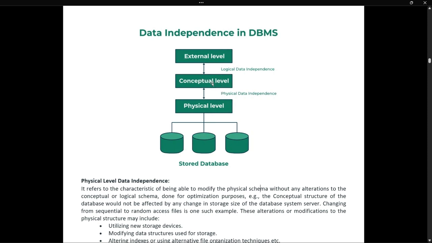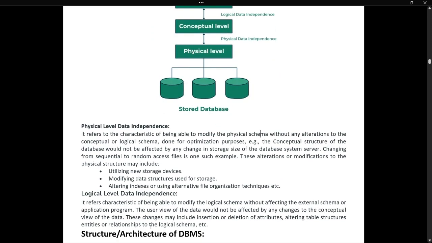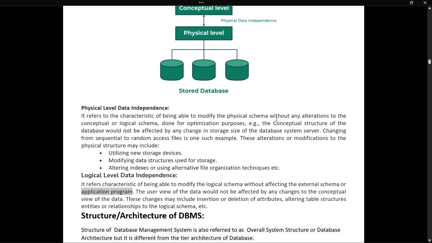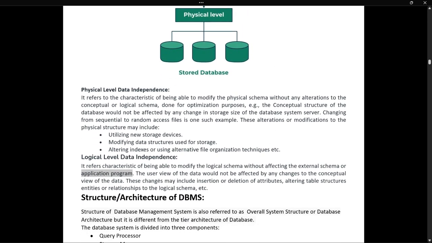Changes in the conceptual level should not affect the external level or application program, or the data. So we are going to keep track of data. The user view of the data could not be affected by any changes to the conceptual view of data. These changes may include insertion or deletion of attributes, altering tables, structure, entities, relationships, and everything.